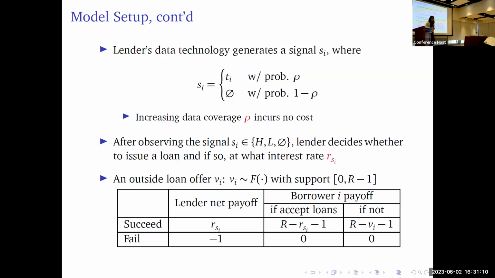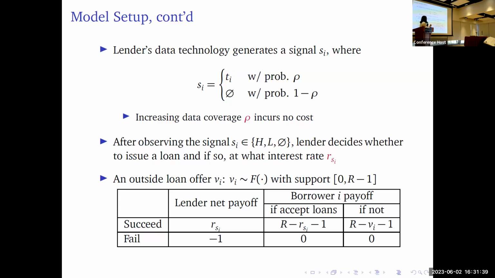The second interpretation is that given the same set of information, how can I develop the algorithm so that I can generate a more accurate signal about the borrower? Okay. So that's two interpretations of this rho. And to show our results in the most transparent way, we shut down the costs, meaning that for the lender, increasing the data technology rho has no cost.